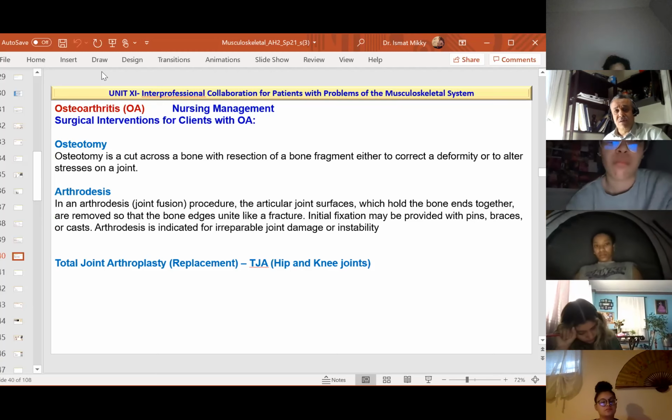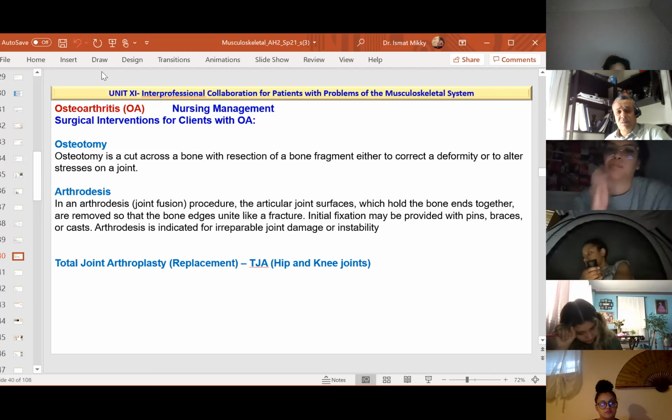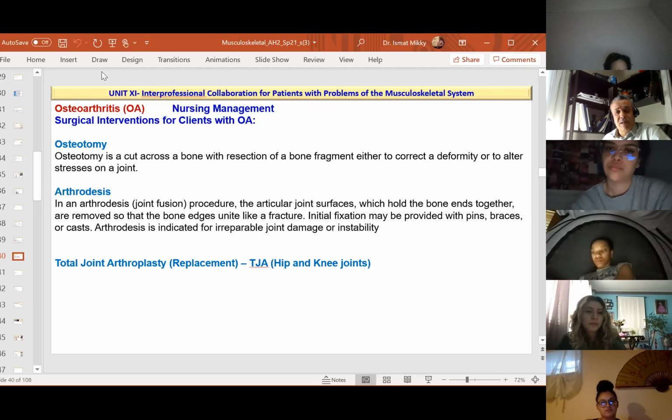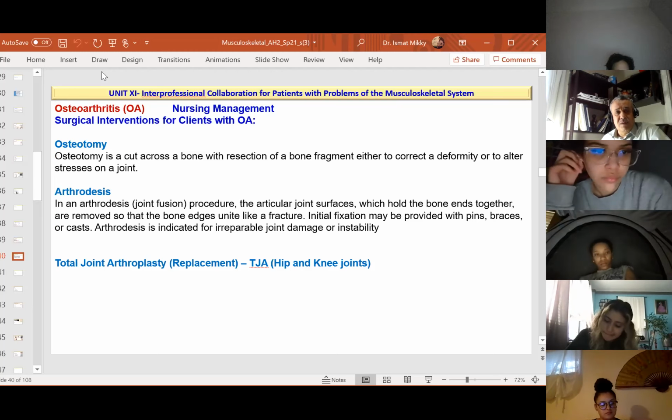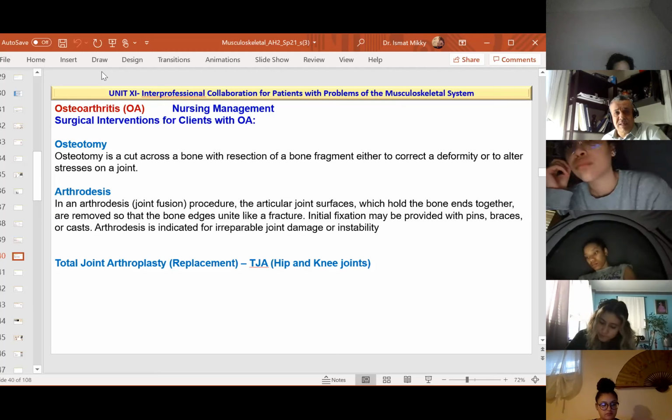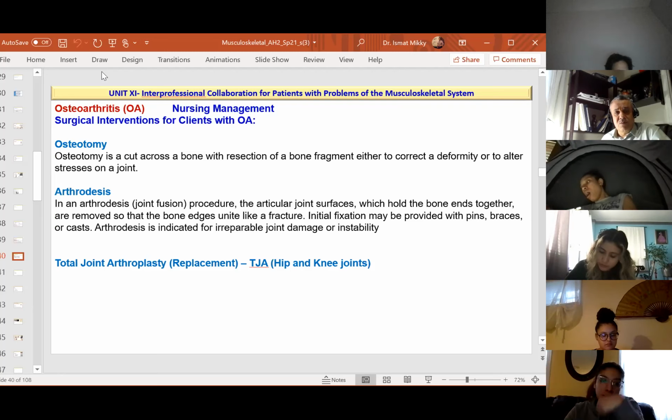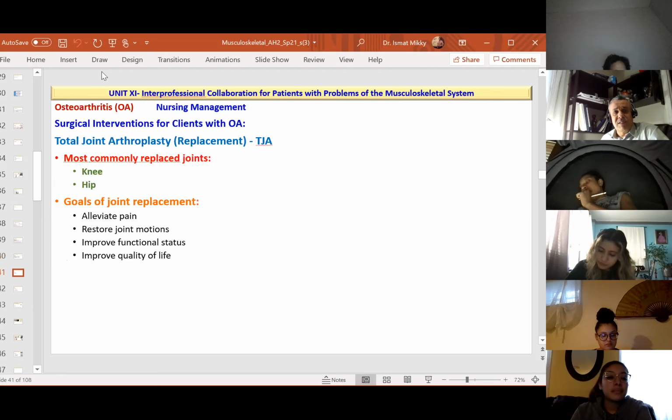So like the osteotomy, we have another surgical procedure called arthrodesis, and then the most common one, which is the total hip or total knee replacement. Here we'll start with total hip and then total knee replacement, which we can also call arthroplasty.